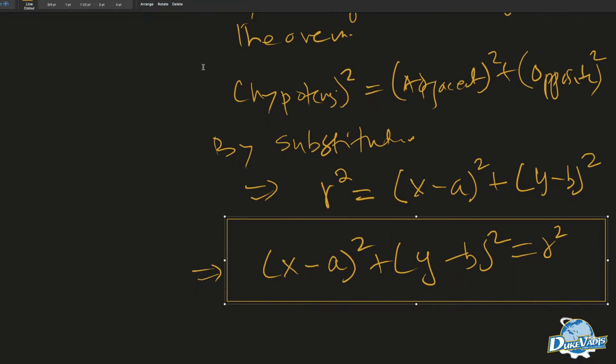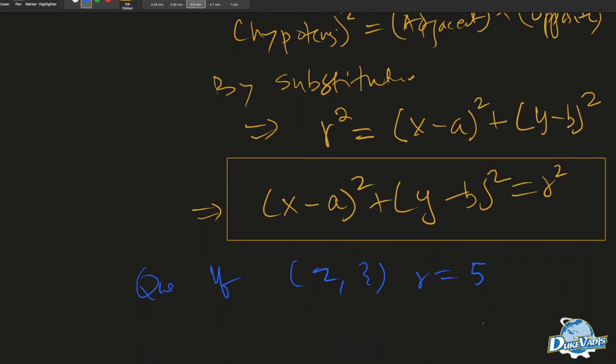So now, if, for instance, we've been given known values, then we'll be able to derive an equation. For instance, if we have a question with a coordinate to be 2,3, and a radius to be 5, then definitely we can write the equation of a circle with ease.